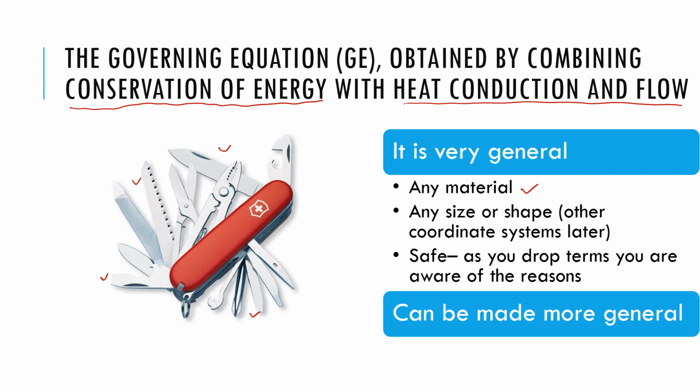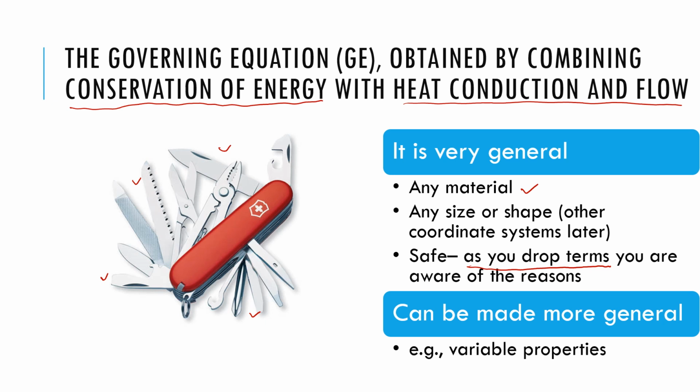And it is safe to start from this equation because it's the most general form. And so from there, as we drop terms, we know which physics we are ignoring and why. So we keep this relationship to reality that way.